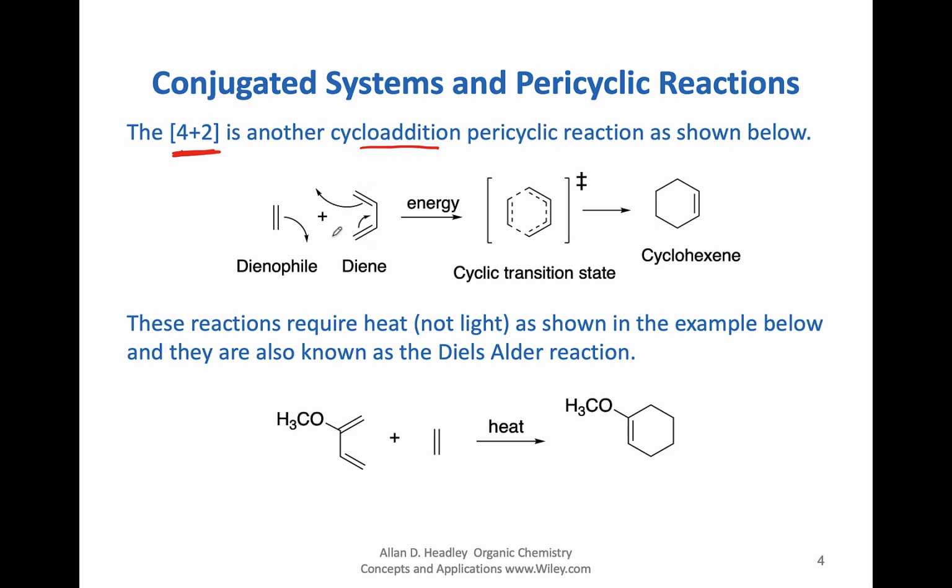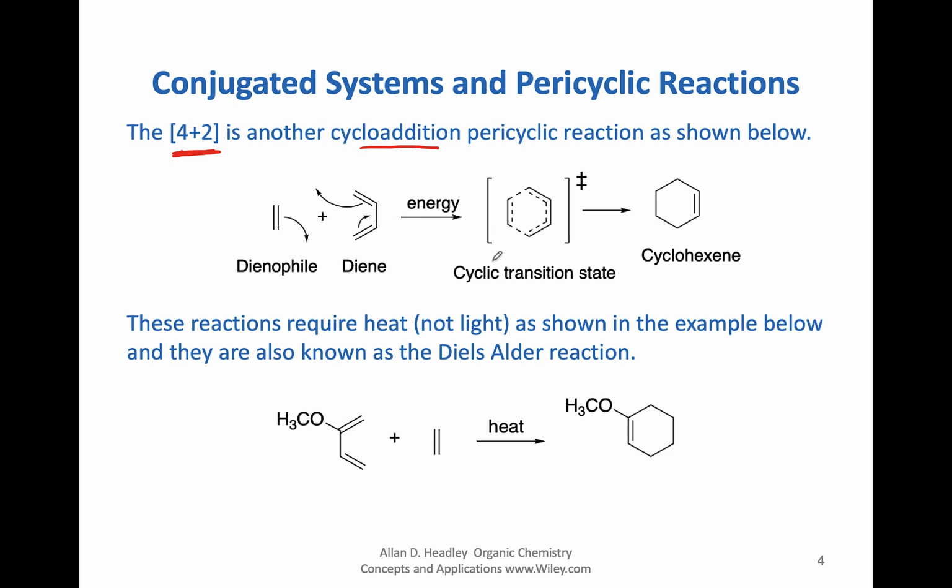As we have shown, we can use arrows to indicate electron movement. So these electrons coming out to form a bond right here, and here it is. And these electrons coming out to form a bond right here, and here it is. And these electrons moving in to form the double bond.